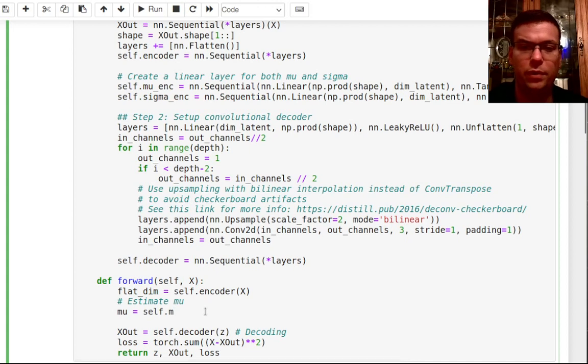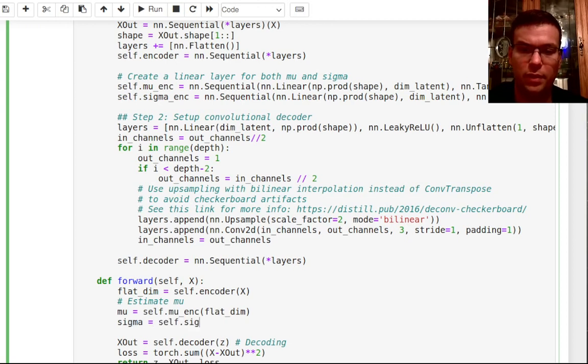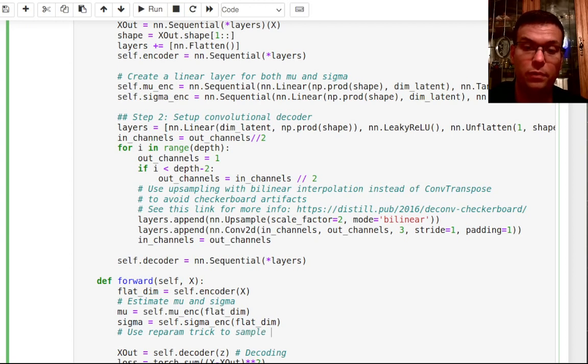So mu is equal to the mu encoder of the flattened dimension, and sigma is equal to self.sigma_encoder of the flattened dimension. Once I've estimated mu and sigma, I can use the reparameterization trick to sample a z in the latent space.